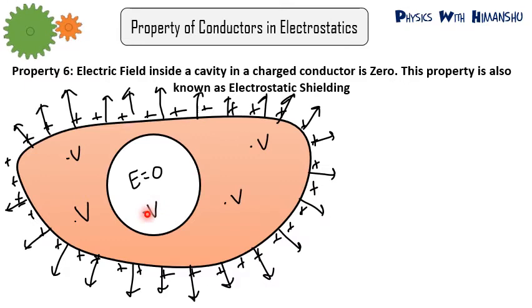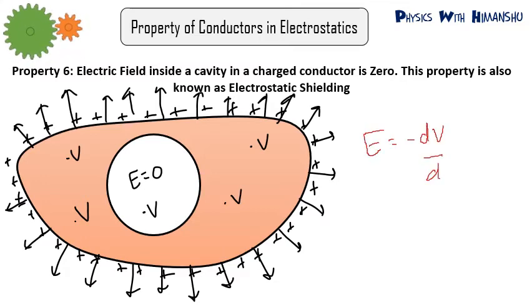Even in this cavity the value of potential will be V, and the electric field inside this cavity will be equal to 0. The reason being, since E is equal to minus dV by dr, but since potential is constant because at all points the value of potential is the same, the electric field inside the cavity will be equal to 0.